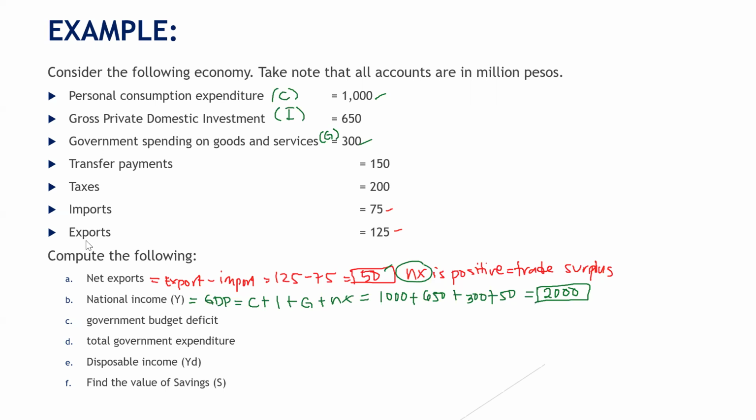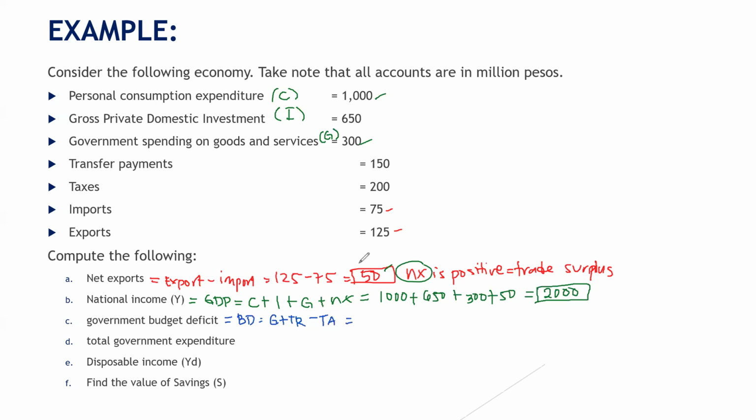Now, let's proceed with the budget deficit. Again, the budget deficit or the BD is equivalent to government purchases on goods and services plus the transfer payment minus the taxes.